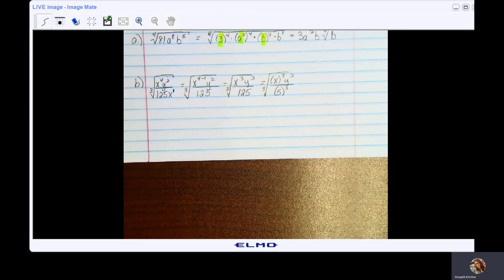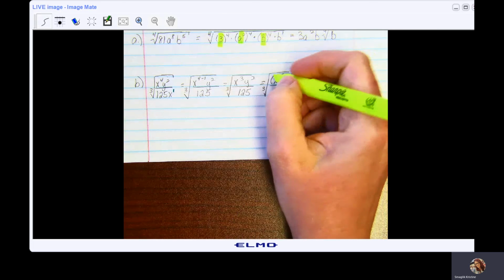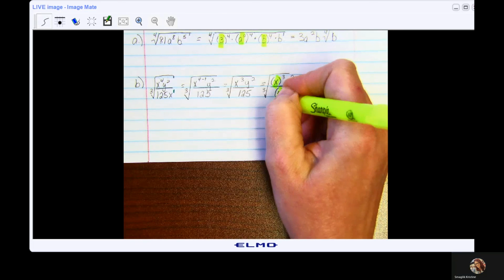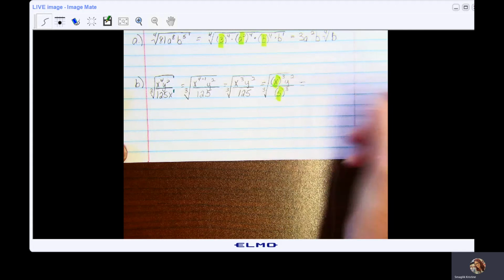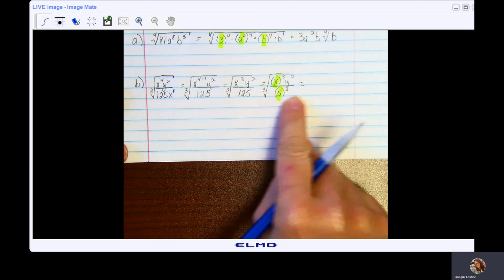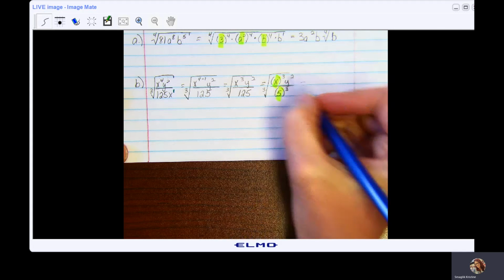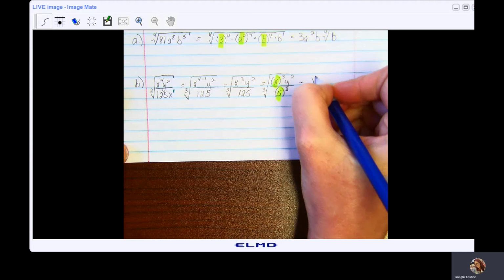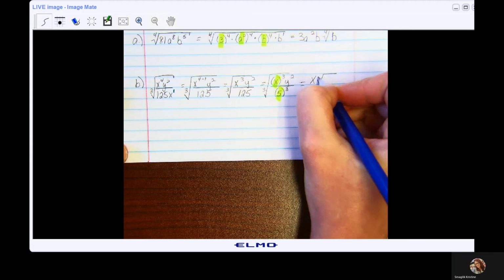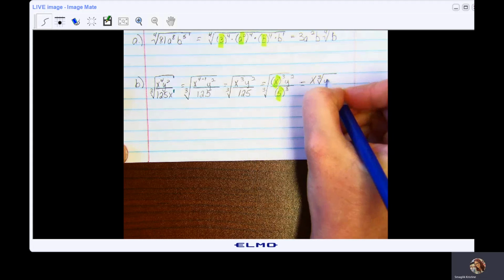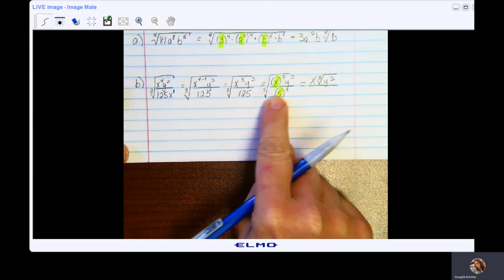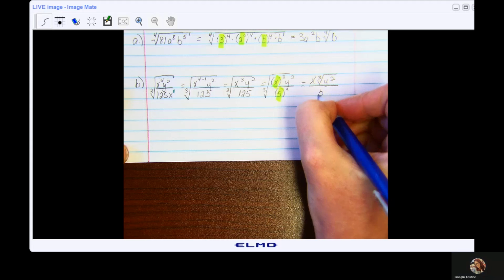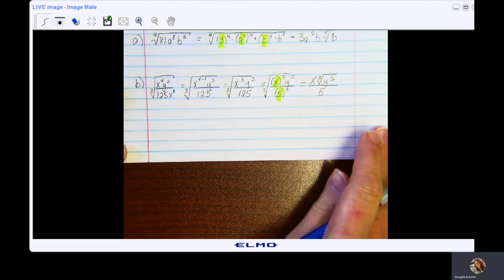And so wherever I see an exponent of 3, those values can leave the radical. So this is now going to be, and remember too, this 5 is still in the denominator. So this x is going to come out. Y squared has to stay behind. And in my denominator, this 5 can now exit the radical. And there we are in reduced radical form.